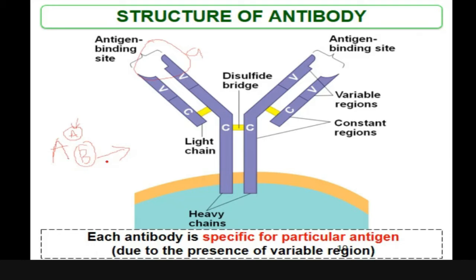Sebab antibody dia bertentangan. Dia akan bertindak balas antara satu sama lain dan agglutinate. Okay, if you cannot understand this concept, you can ask me later. What you have to know is each antibody is specific for particular antigen.